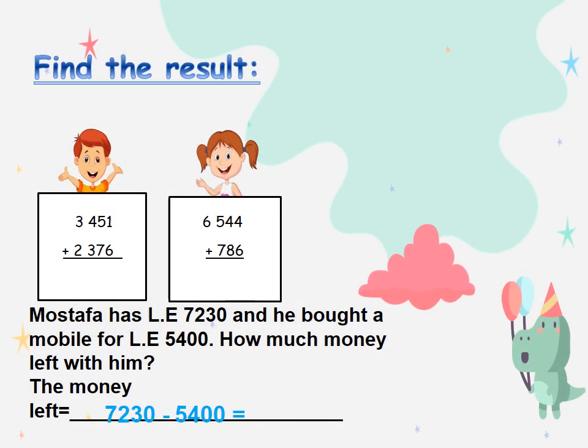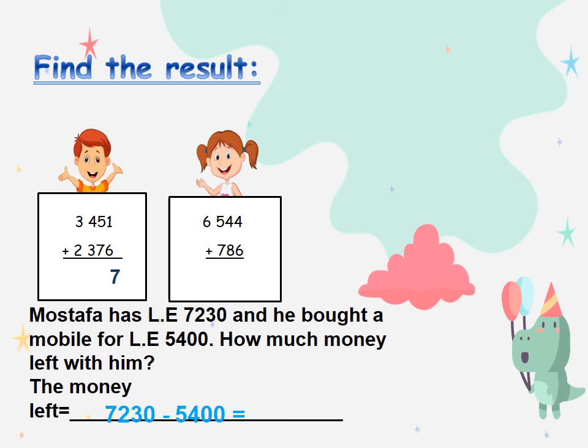It's addition and subtraction. We want to add 3,451 plus 2,376. First, we start with the units. Do you remember? 1 plus 6 equals 7. Then 5 by 7.